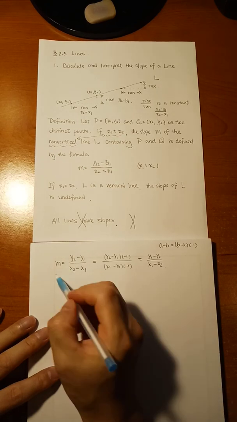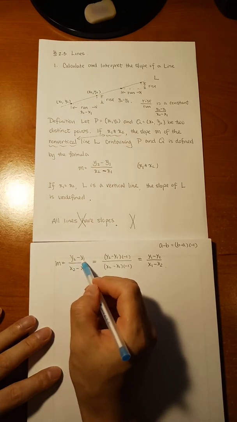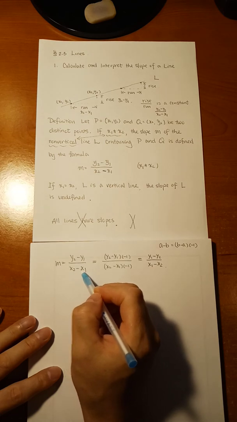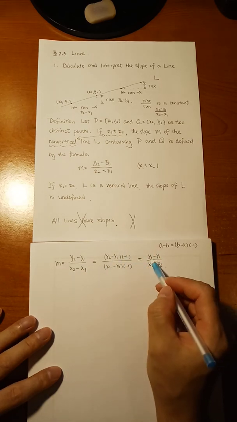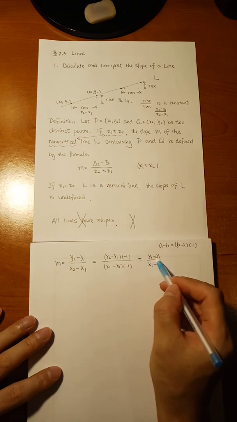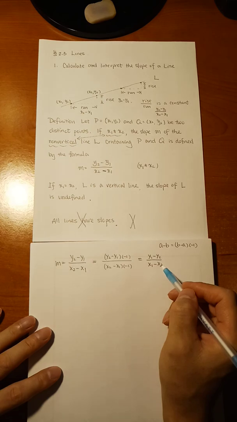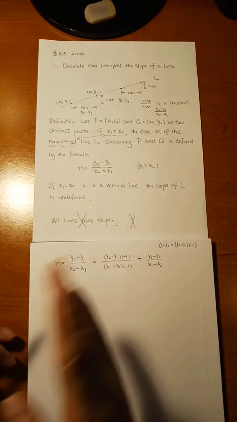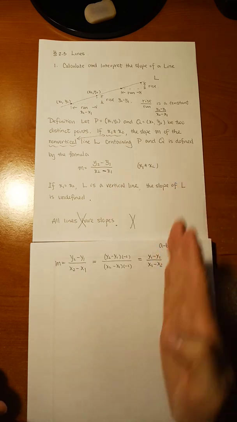So the slope can be computed by y2 minus y1 over x2 minus x1. By this manipulation, we can see that you can also use y1 minus y2 and x1 minus x2. Okay? It doesn't matter which comes first, but the top and bottom have to be consistent.